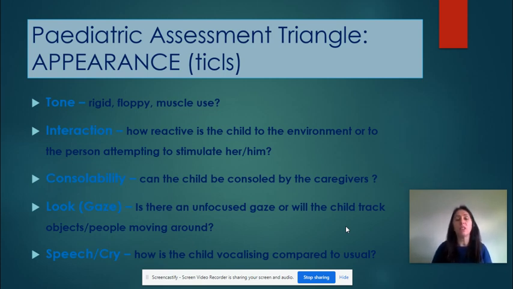Right, that's interaction. Moving on, TICLS. The C is consolability. So it might not be you that gets to console the child. I mean, it might be. Lucky you if you're that type of person that can pick up a child and make them stop crying. More often than not, it's going to be someone they're familiar with. So if the child's crying, we're already a little bit happy because they've got an airway, but at the same time, they're in pain, there's something wrong. We need to try and see whether we can soothe that or not. Sometimes it's, they don't feel well, they've got a sore head, or there's a stranger in the house and they might cry because of that.